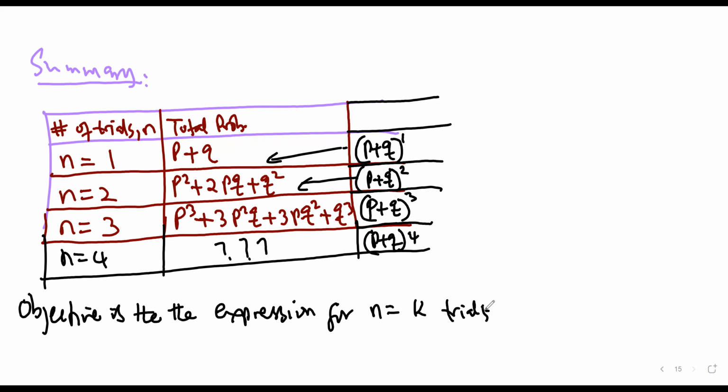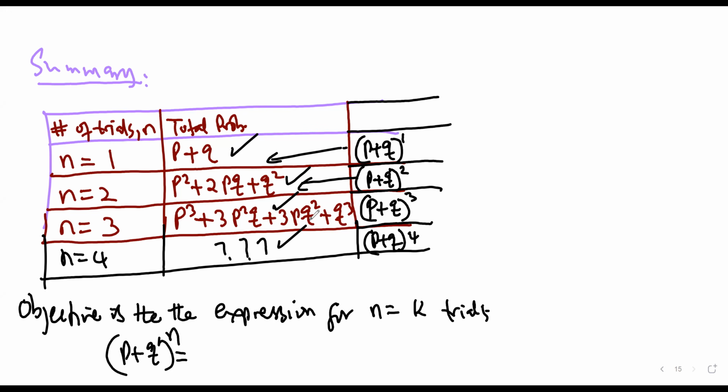And clearly, the expression that we are looking for will be in the form P plus Q raised to power n, or k, because n is equal to k. So that is the expression that we are looking for, but we need the expanded format of this formula. We need a formula which is in this format. Okay.